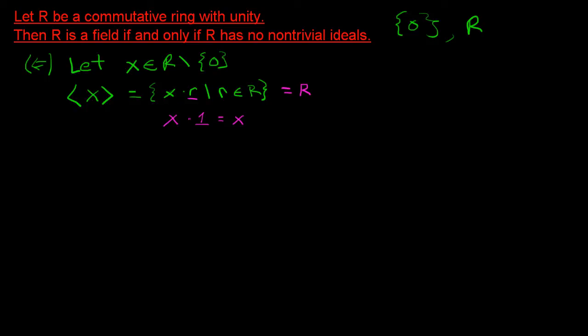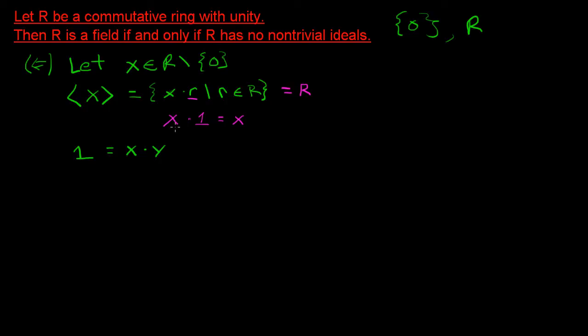Well, if it's equal to R, then what that says is that every element of R can be represented by something of this form, as something times x. So in particular, our unity element, our 1, can be represented as x times some element, say y. It would be a non-zero element since 1 is not equal to 0.